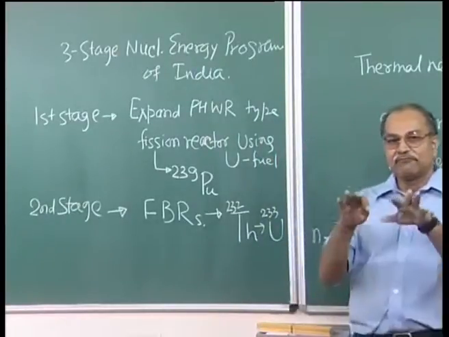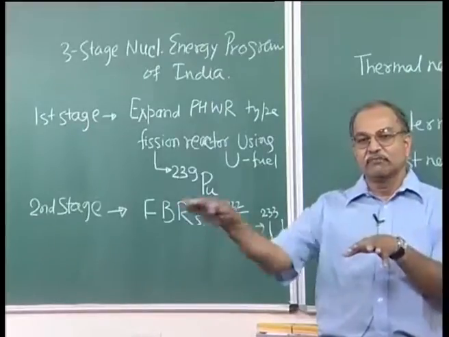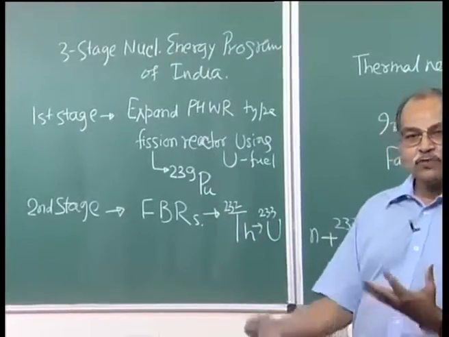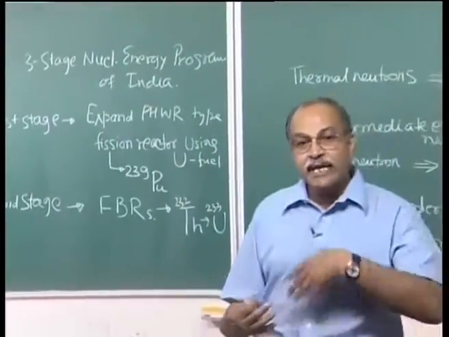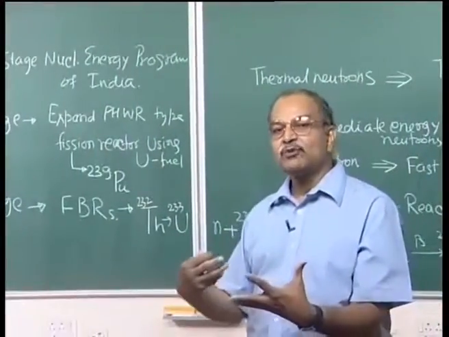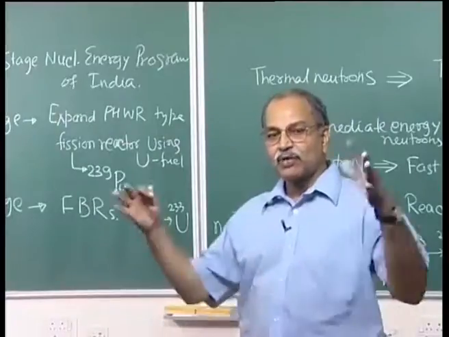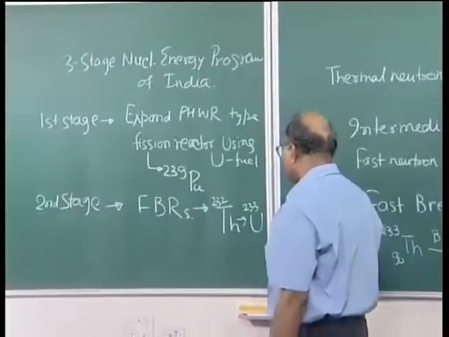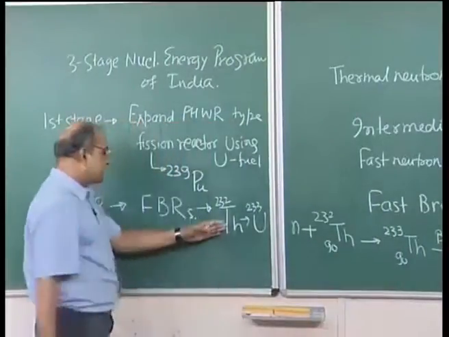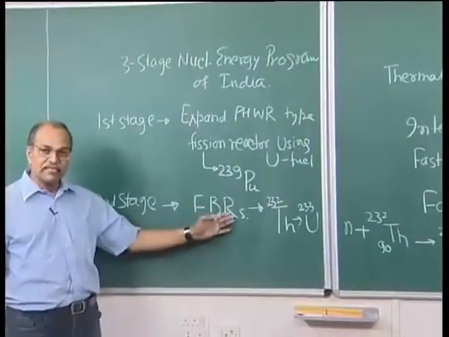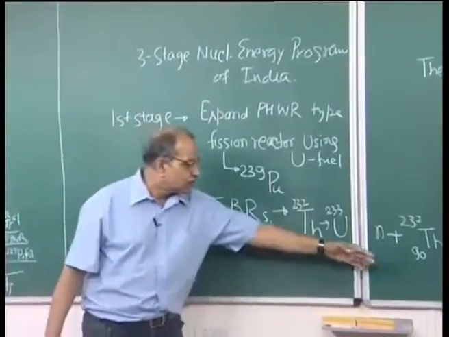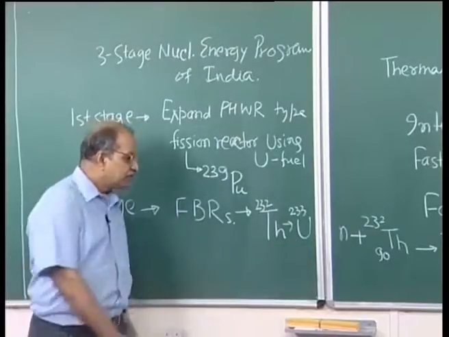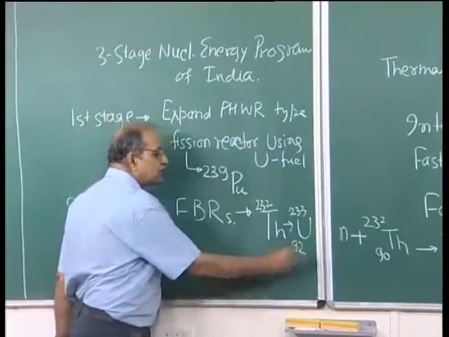So, once those fast breeder reactors are in place with plutonium 239 as fuel, in those reactors we can breed uranium 233. We can put our thorium material there and irradiate it with these neutrons, breed that, and then using this reaction we can get this fissile material uranium 233.